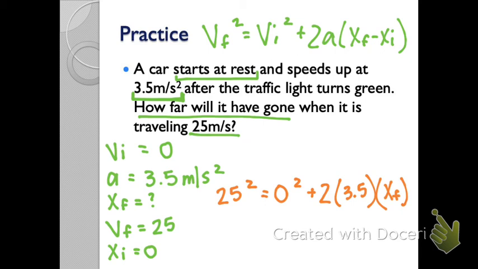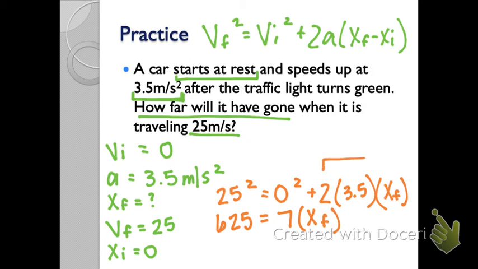All right, and so let's start doing the math. Okay, I'm going to start on the left side, 25 squared. That equals 625. My 0 squared, do I need to rewrite that again as 0? Nope, I just leave it out, right? Because if it's 0, I can leave it out. 2 times 3.5 is 7 times x final, right?